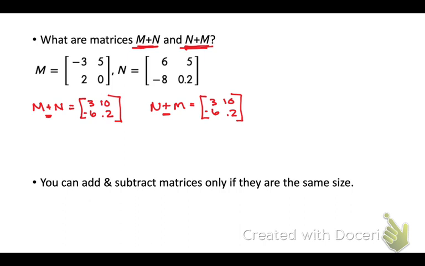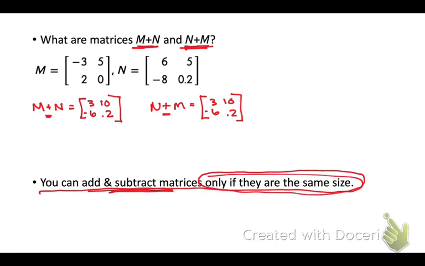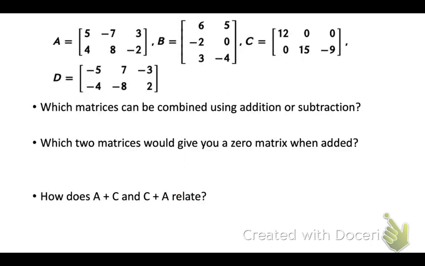Okay, so again, note to self, what has to happen to be able to add or subtract? They have to be the same dimensions, the same number of columns and rows. Which matrices can be combined using addition or subtraction? So let's go through and dimension them. What's A? 2 by 3.